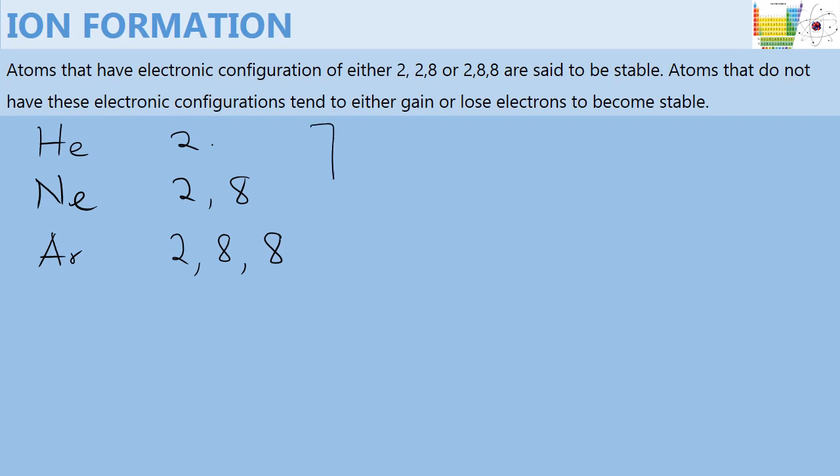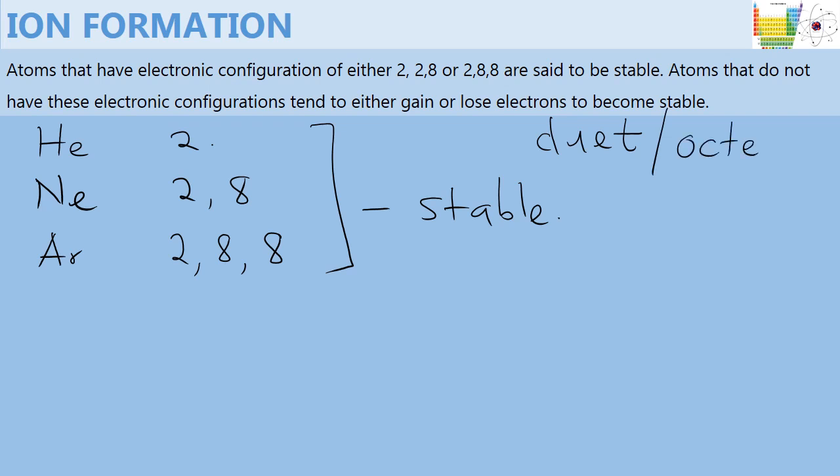So these three are said to be stable, and their configurations are usually called a duet or octet configuration.